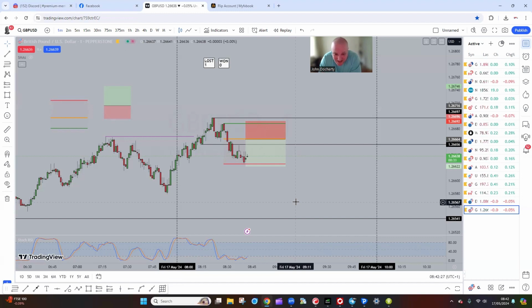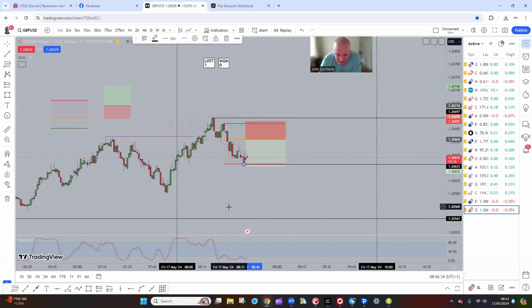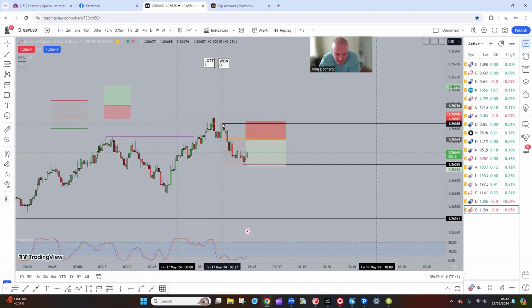Okay, so we just got to wait and see what's going to happen on this. Again, I'm just going to move this into here. This into here, in this range. So we're just following the range.